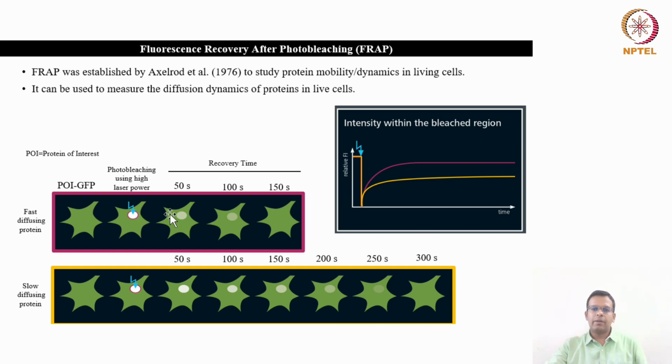But here, for taking these images during the recovery time, our intention is not to create more bleaching. Okay, so for that purpose, you have to optimize your laser power as well as the exposure time in such a way that you can just see the GFP fluorescence, but it should not be overexposed, or higher laser power should not be used, so that it creates unnecessary photo bleaching.